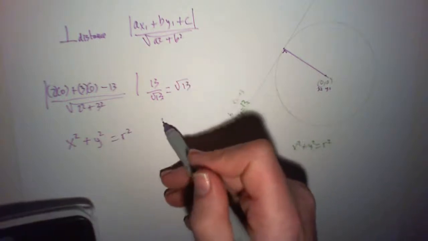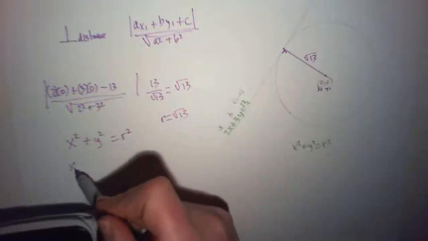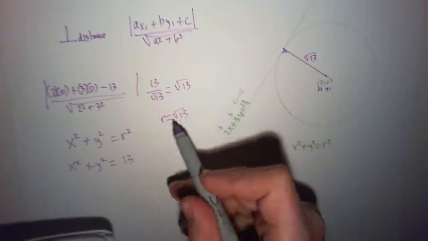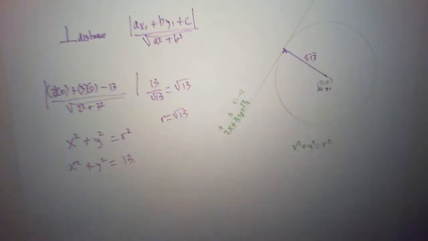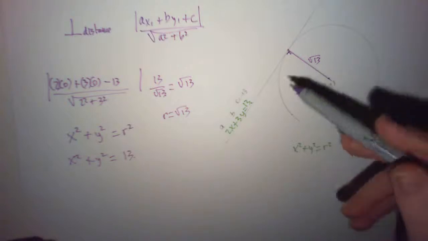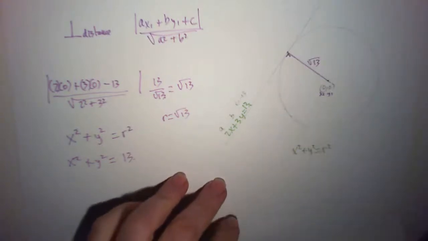If r is root 13, then x squared plus y squared is equal to 13, because you're squaring the square root of 13. So there's an example of cross-pollination, a simple enough situation of a line touching. That's quite a popular one, in fairness.